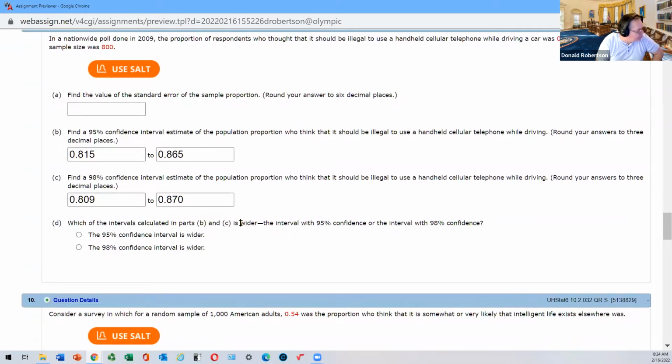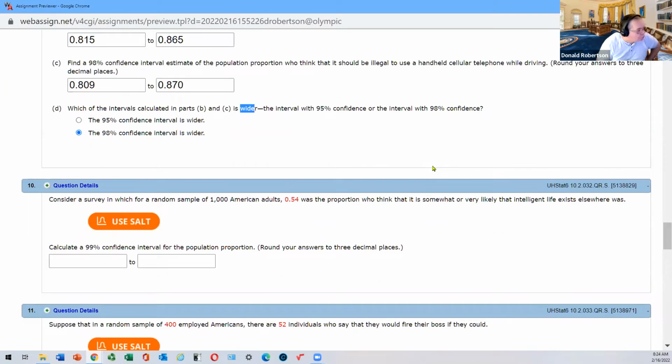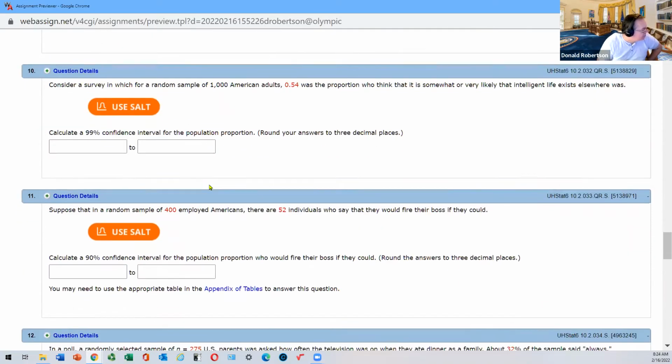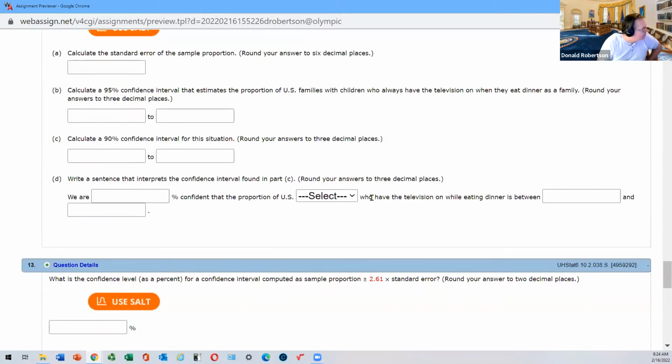And they talk about which interval is wider, and it's pretty obvious that the 98% is wider than a 95. If I did a 99, wouldn't it be even wider, right? It would go a little bit bigger to accommodate the increase in how confident you want to be. That's a standard one.